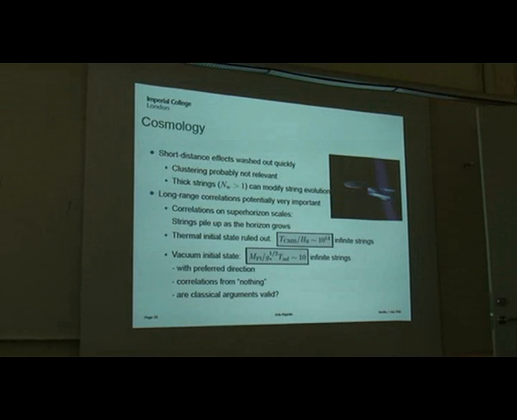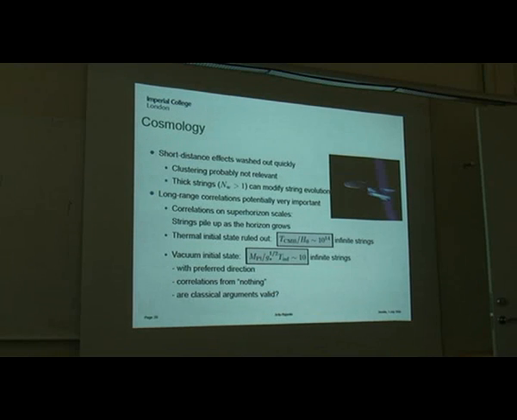Right, so I won't really go into too much detail about what this might mean. The short distance effects are not important for cosmology because they will be washed out very quickly. We are talking about dynamics at distances much shorter than the horizon size. Now, these very thick strings that you get in first order phase transitions can be important because they have junctions between them, and they prevent the strings from moving freely.